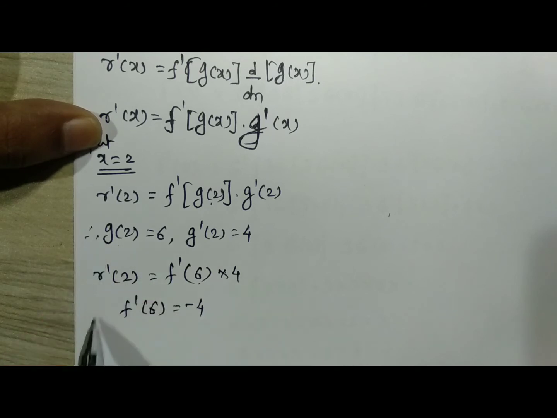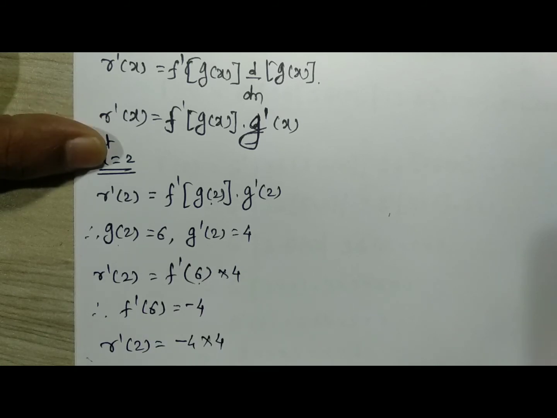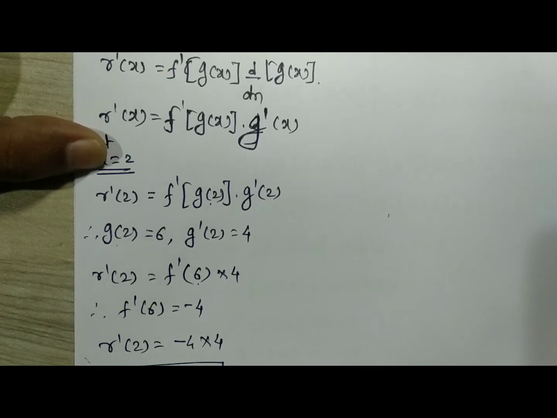Using this, r dash 2 is equal to f dash 6, which is minus 4, into 4. That means r dash 2 is equal to minus 4 into 4, that means minus 16. This is the value related to that function.